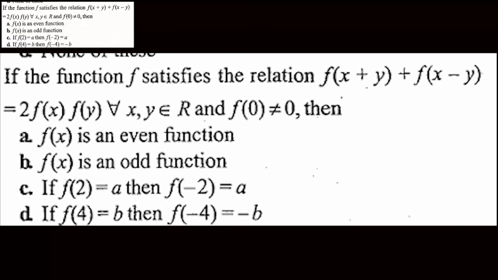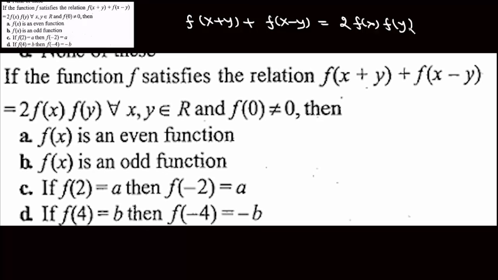Now the question is, if a function f satisfies the relation f(x+y) plus f(x-y) equals 2 f(x) f(y) and f(0) is unequal to 0, then which of the following is or are true?